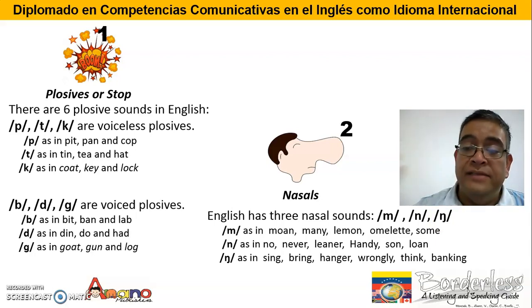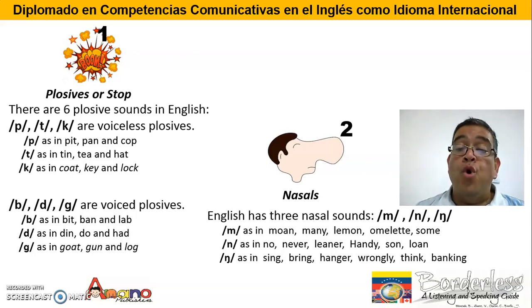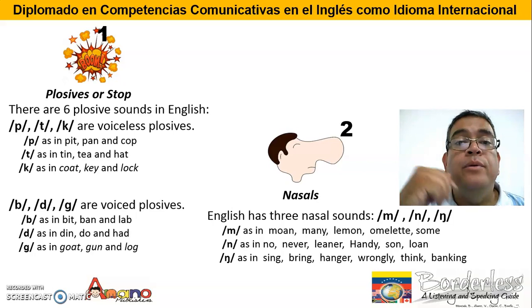So that's why they are called nasal sounds. Some examples of M are moan, many, lemon, omelette. Some people, when they send this voice audio repeating the sounds, which was one of the first activities we made last week, say "omelette." No. The pronunciation is omelette, okay?